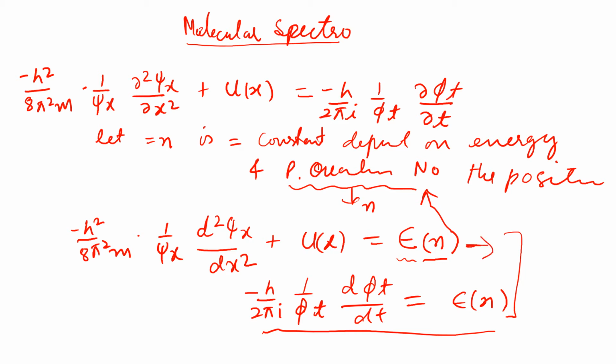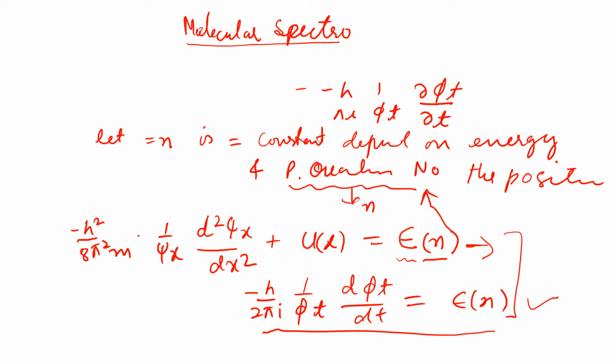We may also integrate this equation to solve. This is the conventional Schrodinger equation, and we can put the solution directly, so we need not emphasize on this equation. Basically this is the new equation for us, so we will have to solve this. It is very simple to solve, so let us solve this equation.